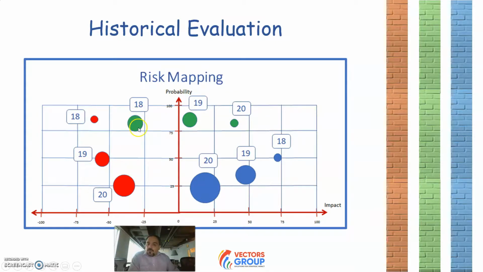So for Greenland, for example, initially it was a negative impact. Okay, let's say a negotiation, a conflict with the local government. The probability was very high and the impact was moderately negative.